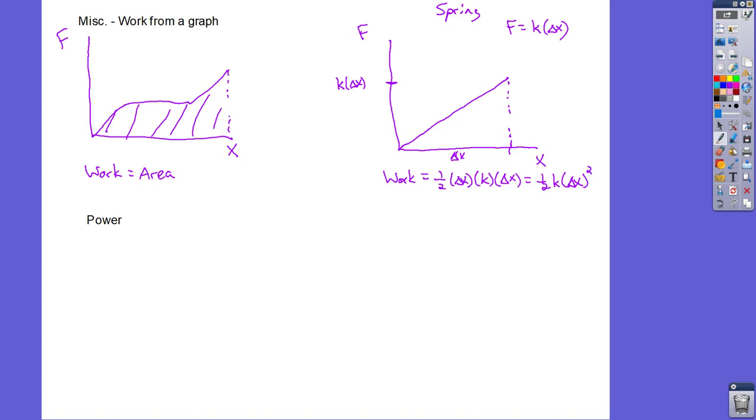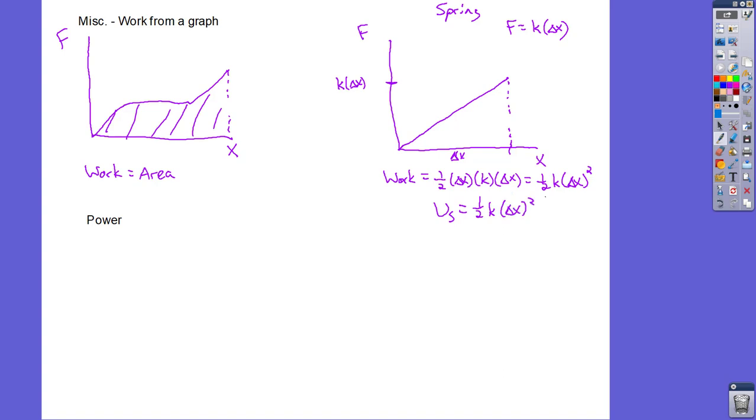But see, that work done on the spring ends up as energy stored in the spring. So there you go. You end up with that formula for the energy of a spring is 1/2 K delta X squared.